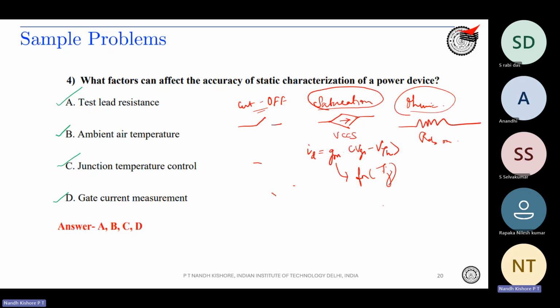I am not able to exactly recollect the formula, but you will see that the transconductance is a function of the electron mobility, which is in turn a function of temperature. So it depends on the mobility and then the width and the area and so on.